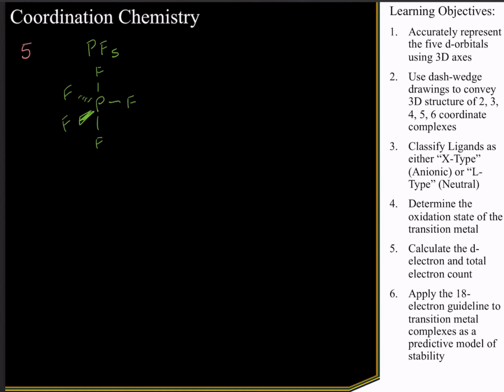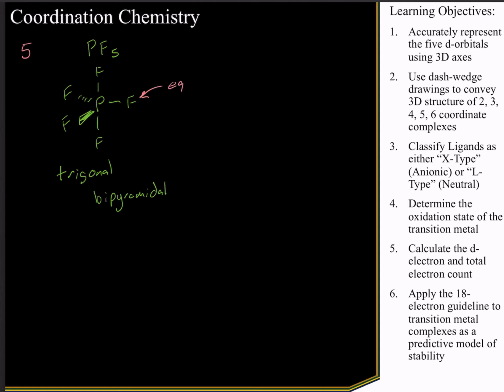So this is one of our geometries. This is called trigonal bipyramidal because it looks kind of like 2 trigonal pyramids that are stacked base to base. So some additional terminology that's helpful here. This actually has 2 different non-equivalent sets of fluorines.